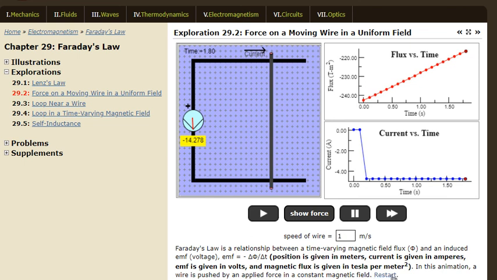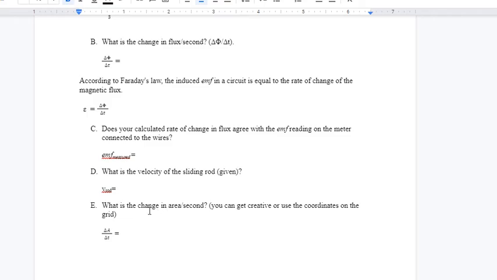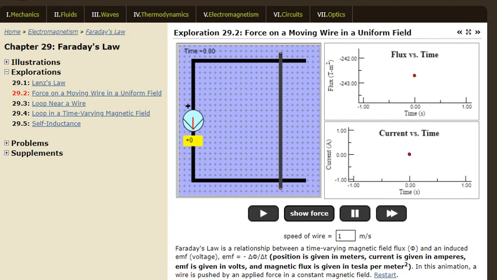When you're looking at the change in area, it doesn't specify exactly what it is, so you can do it for 1 second if you want, or you could just time it.